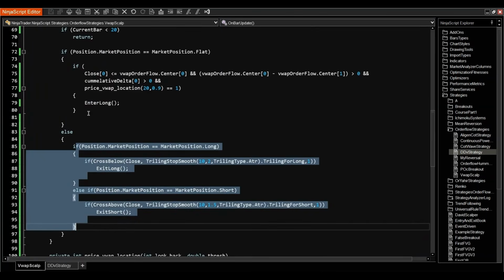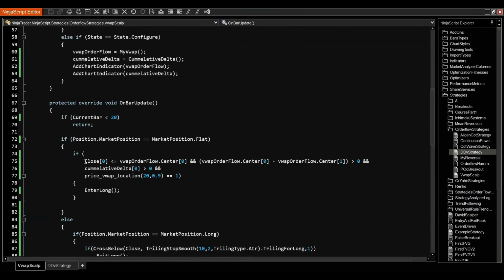If I'm already in a long, I want to manage the trade. Basically, the price needs to touch the VWAP or be less than it, after I already know that, of course, 90% of the last 20 bars were above the VWAP. The slope of the VWAP needs to be positive.